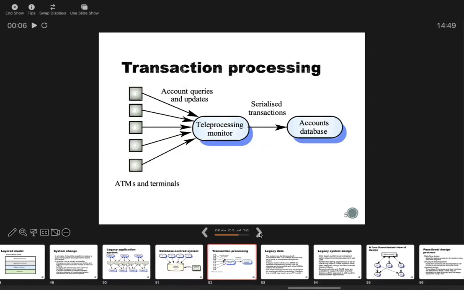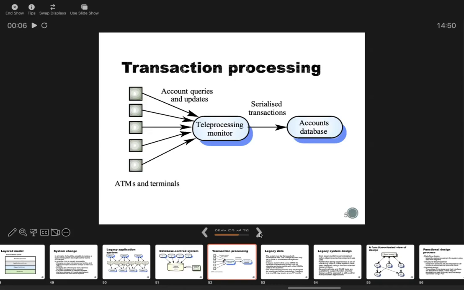So in the transaction processing, we can see that there are some other components. One is the terminal, and the second one is the teleprocessing monitor. The teleprocessing monitor was used in legacy systems, especially in banking situations. When multiple users simultaneously want to access, those teleprocessing monitors played crucial roles in the banking system.